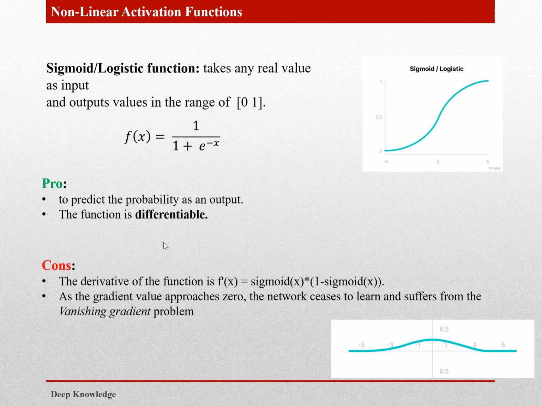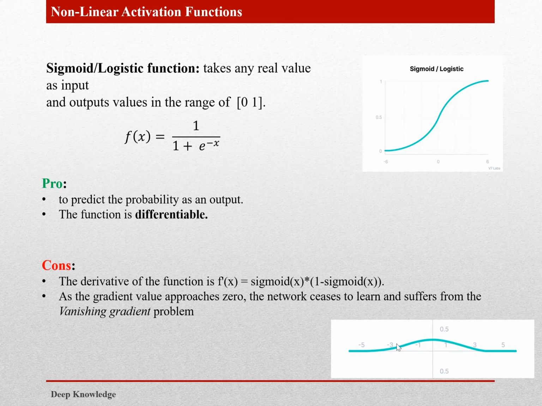As you can see, the function is differentiable, between 3 and minus 3 here. So it's not a fixed value; we have here an interval. The disadvantage is with the gradient, and we'll learn how the gradient works, for example, to update the weights.